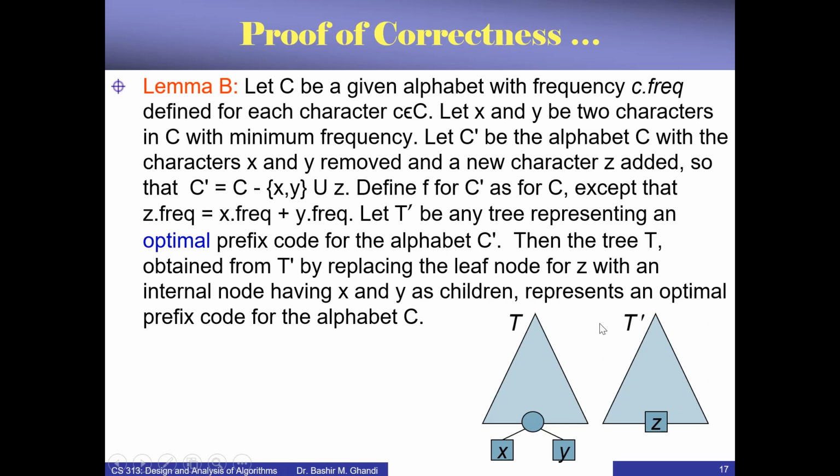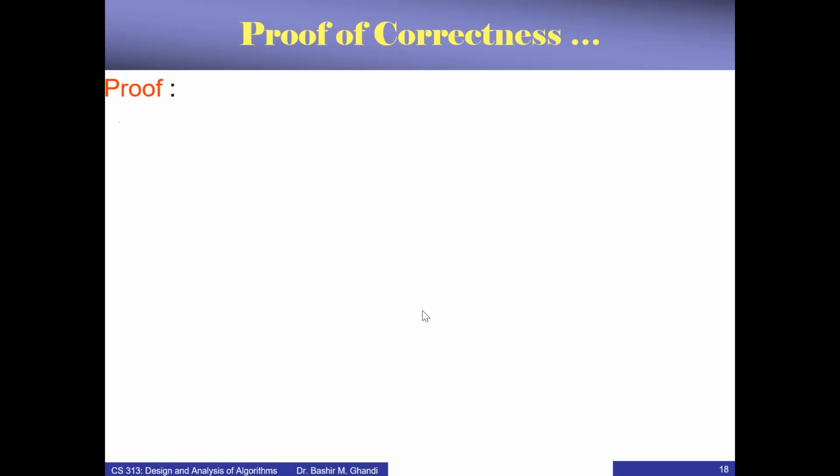So if a sub-problem is optimal, and we're able to prove that using it the main problem is also optimal, it means our Huffman coding algorithm has optimal substructure. This is basically the idea. So we're going to assume this is optimal and try to prove that this is optimal as well. All right, let's try to do that.